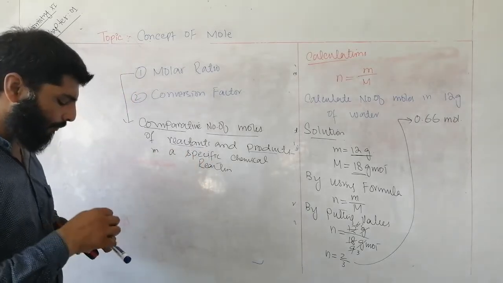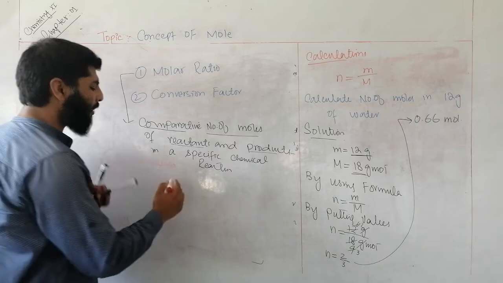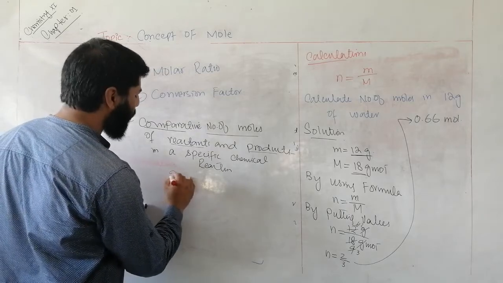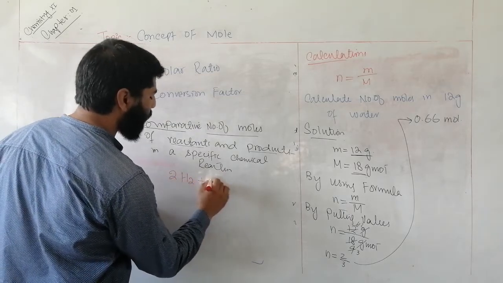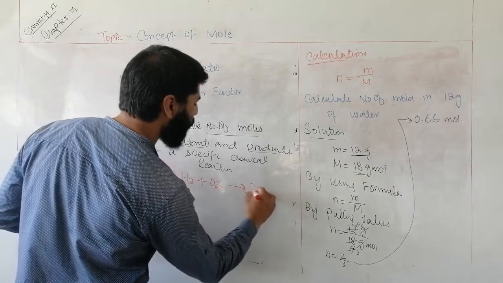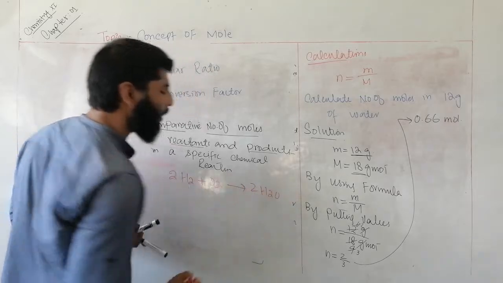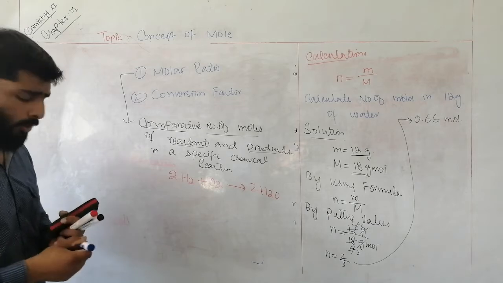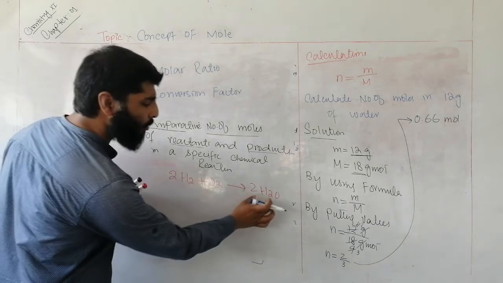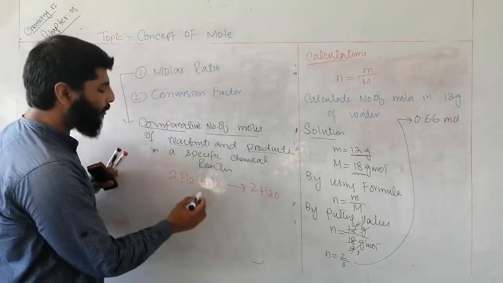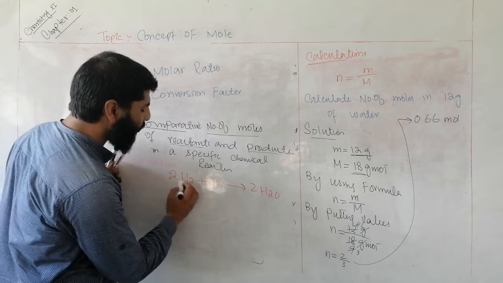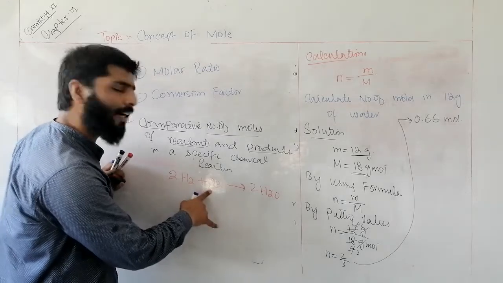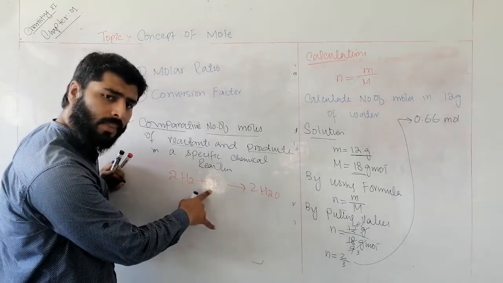For example, you have a given reaction in which you can see the comparative number of moles. In order to find water, we have to use 1 mole of hydrogen gas and half moles of oxygen gas.